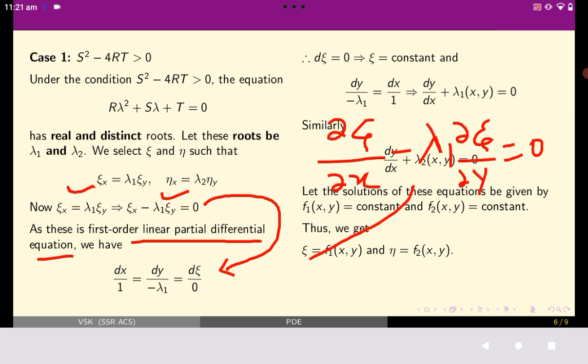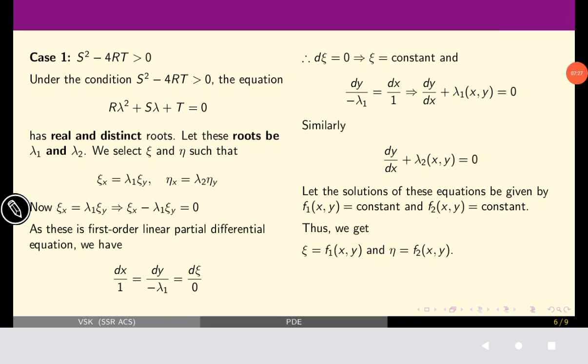And we know how to solve this. This is solved by taking these types of equations. So this is dx by 1 because the coefficient is 1. Here the coefficient is minus lambda 1. So this is coming over here and it is 0. This implies therefore d xi is equal to 0 from this expression, that is xi is equal to constant.